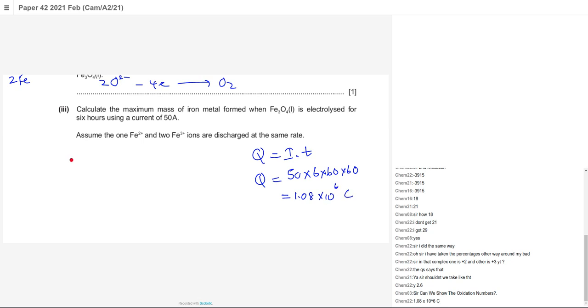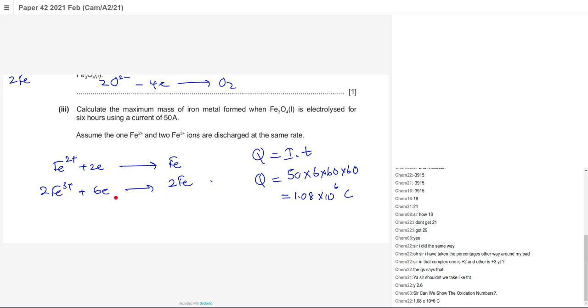And now we got the 2 equations. Fe2+ plus 2 electrons turns to Fe this way. And you got 2 Fe3+ plus 6 electrons turning to Fe. Because the question says there are 1 Fe2+ and 2 Fe3+, right?